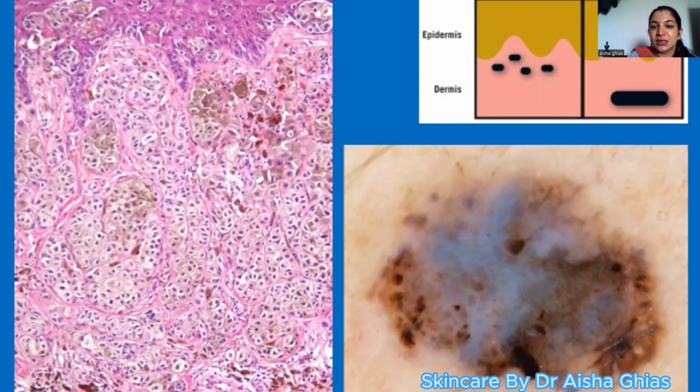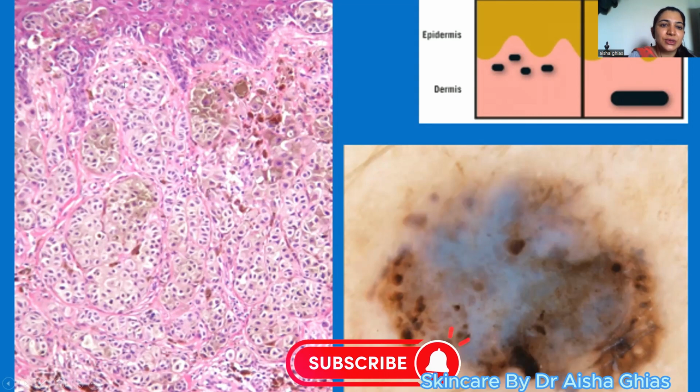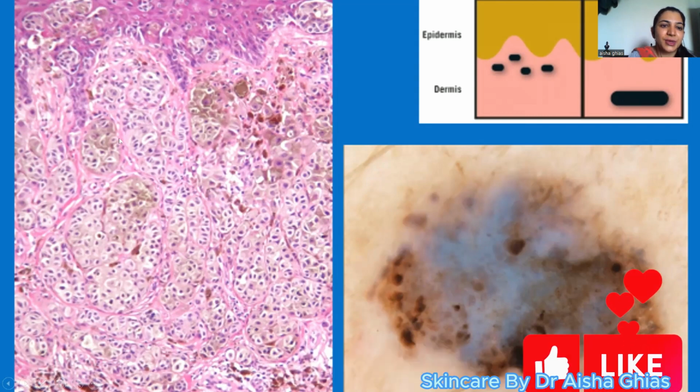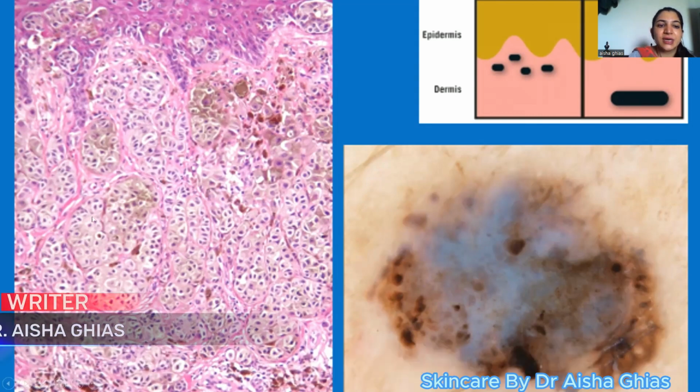There are so many other clues as well, but at the moment we are concentrating on dermoscopic gray or blue. So let's concentrate on these colors, the grays and blues. On the left-hand side, the upper darker area is the epidermis, but down there are so many nests of melanocytes. Some of the melanocytes carry pigment and the others do not.